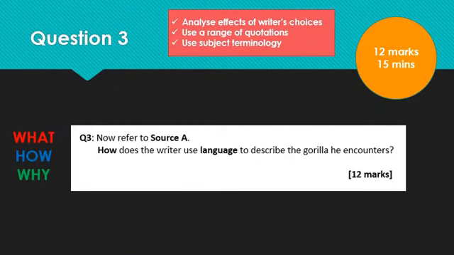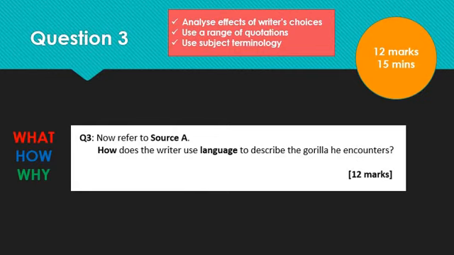Okay, so going to look at question 3 now. So this says, now refer to source A. So we're just looking at source A. How does the writer use language to describe the gorilla he encounters? So this is essentially writing a PEEZ paragraph. So point, evidence, explain, zoom. You might also want to think of it as what, how, why.